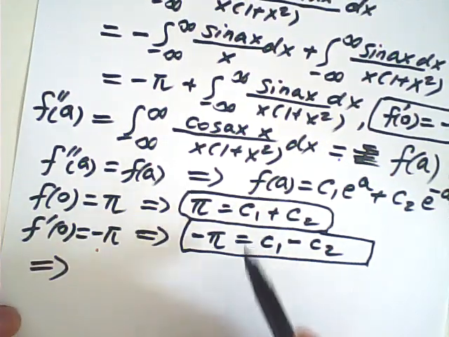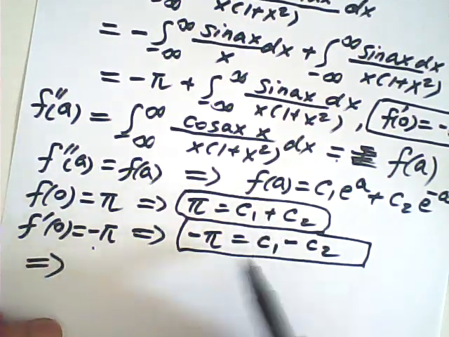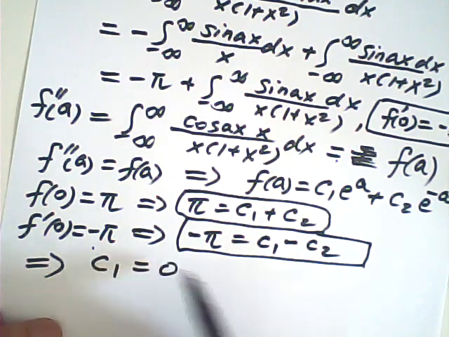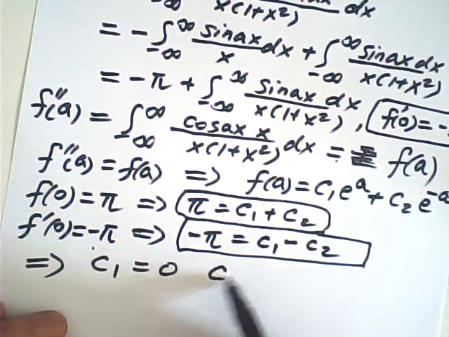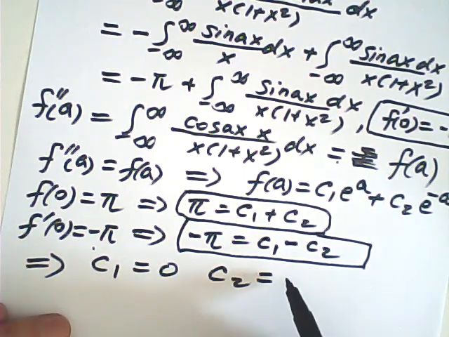So from these two, I get c1 is 0 and c2 is pi.